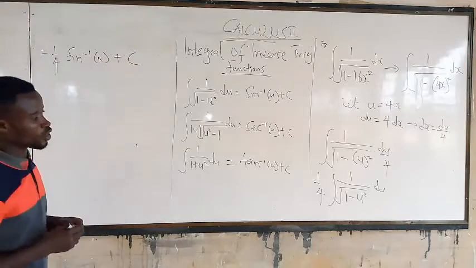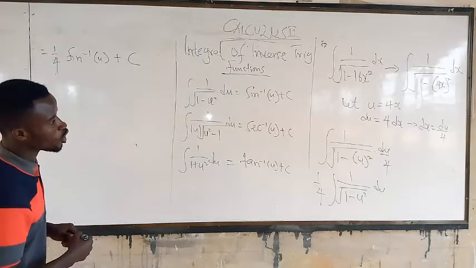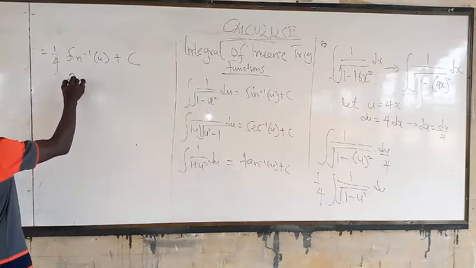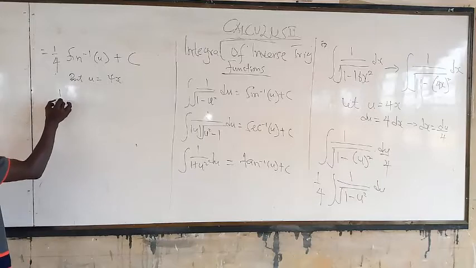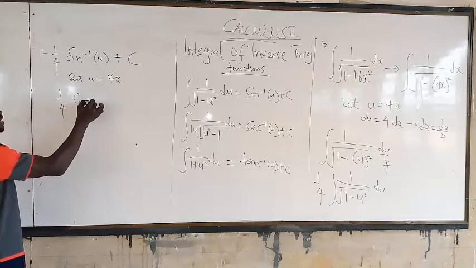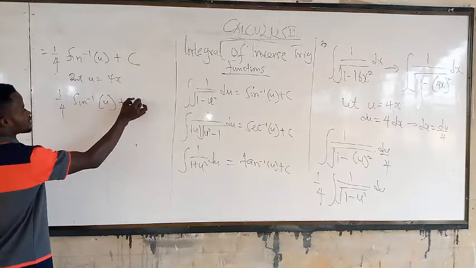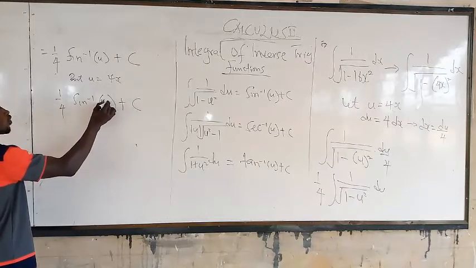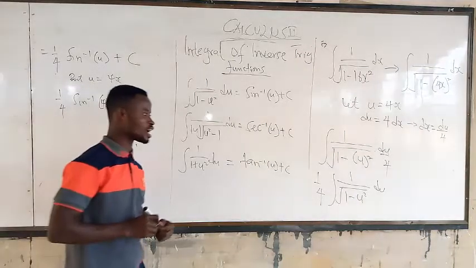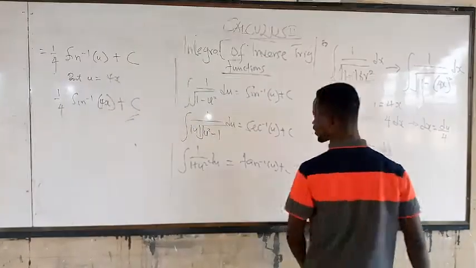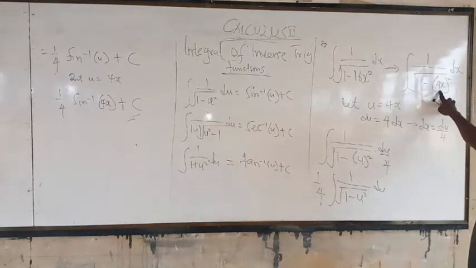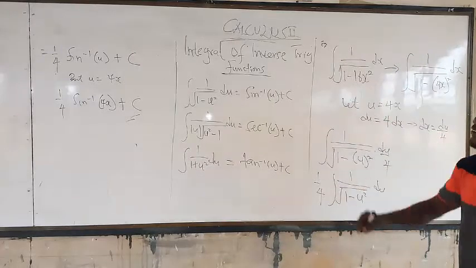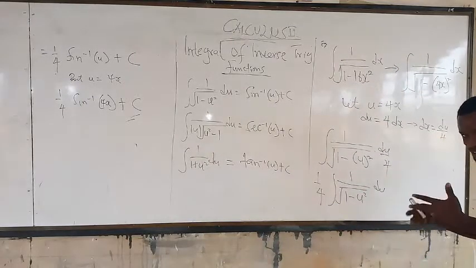And we know that u is equal to 4s. Therefore, 1 over 4 sine inverse of 4s plus c becomes our final answer. Wow. I hope you can relate something. So the 4 we have here is now 1 over 4.